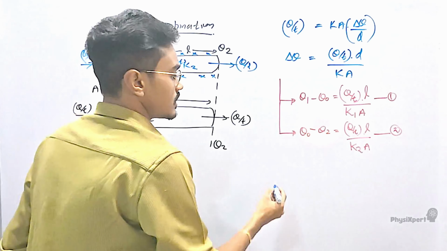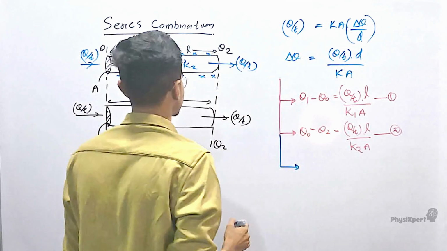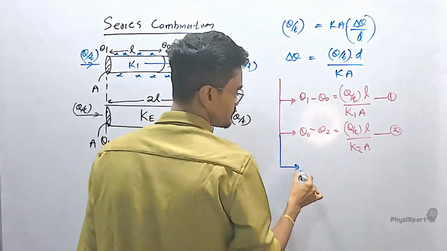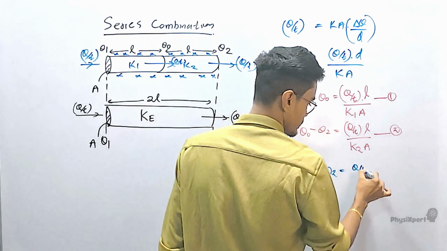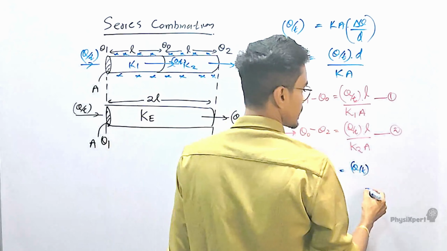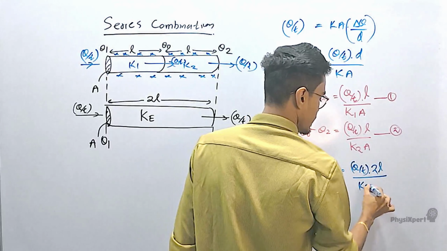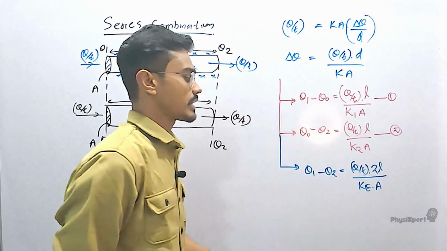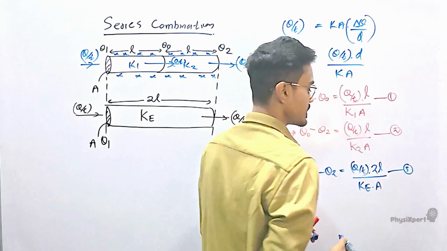Then I'm going to apply this again for the equivalent rod. Theta 1 minus theta 2 equals the same Q over T, but the length is 2L, over Ke A. Here I have another equation, equation 3.